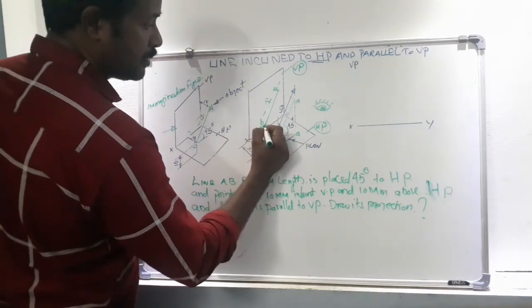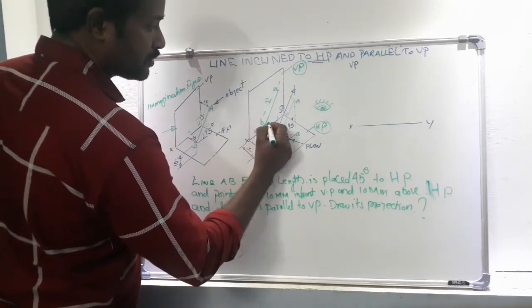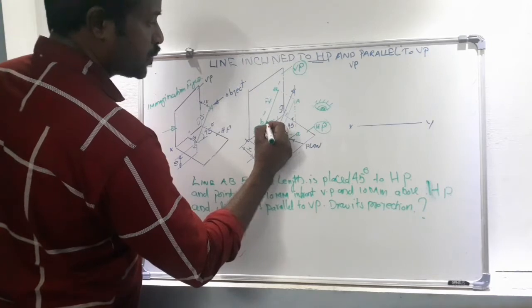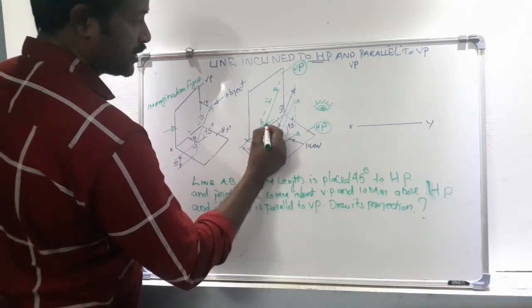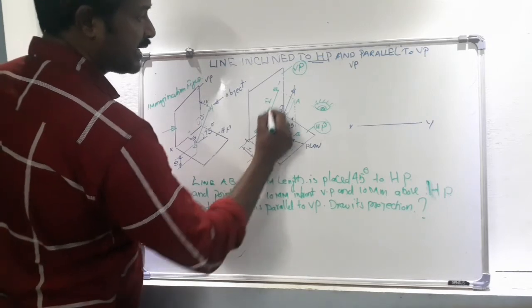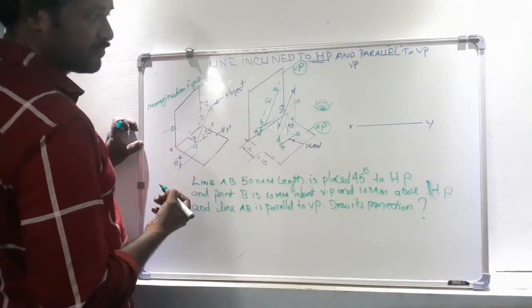Now place your protractor here and keeping 45 degree, draw an inclined line through this 45 degree.